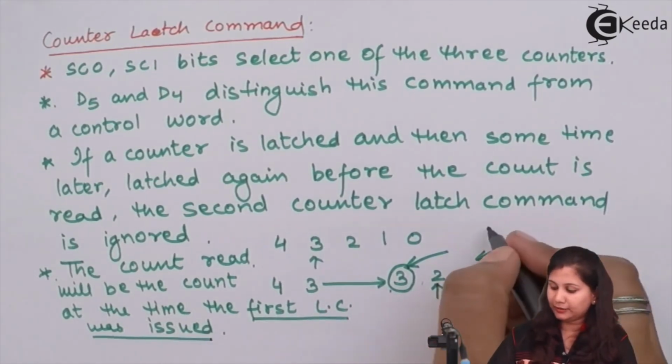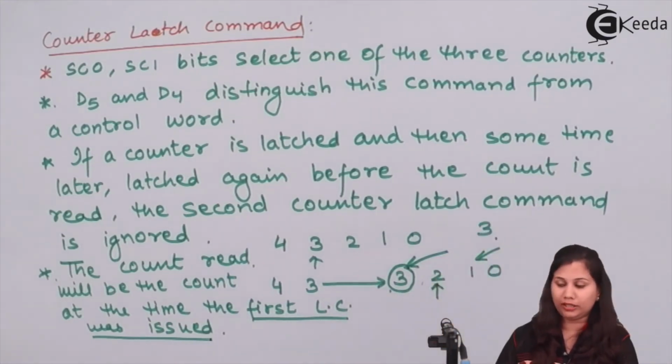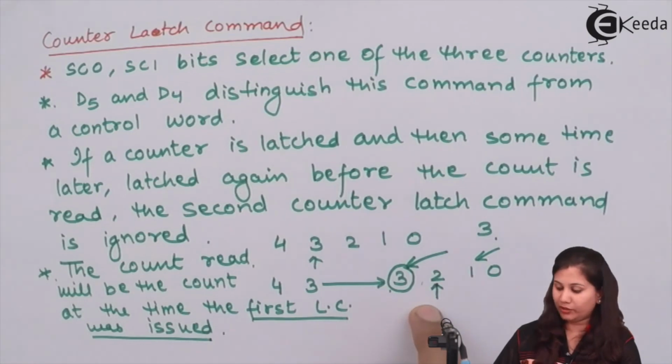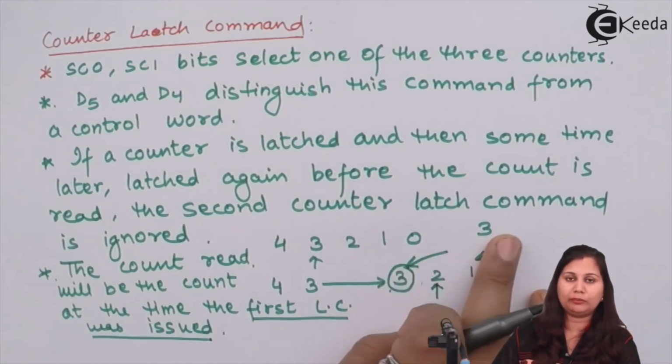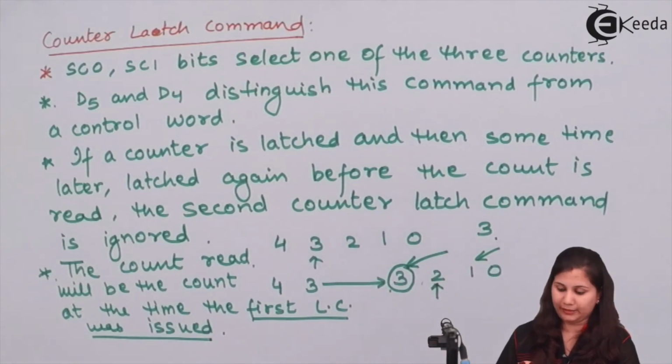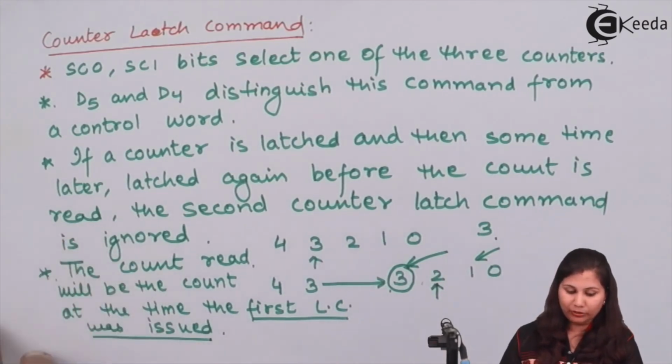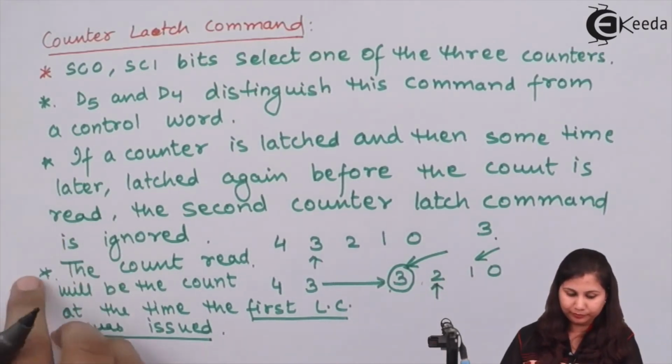That means the latch value will be 3, not 2. When the second latch command was given, it was ignored and only this value 3 will be read by the microprocessor. So this is the counter latch command.